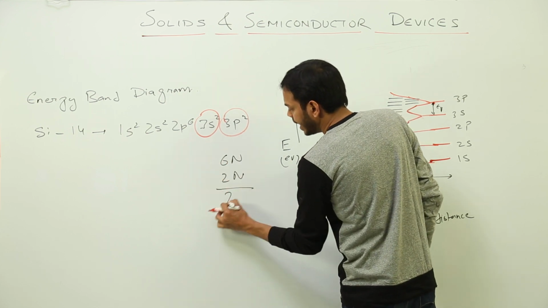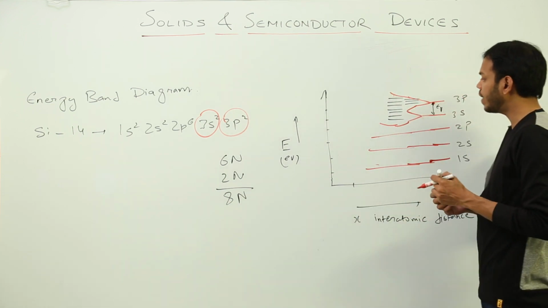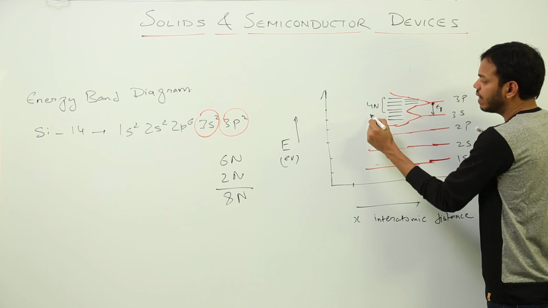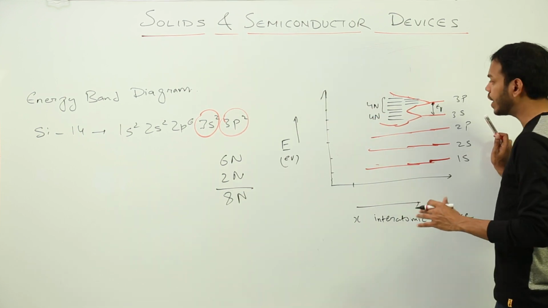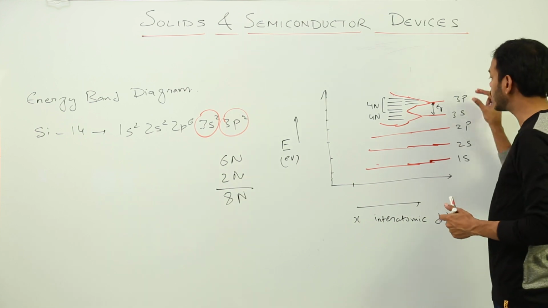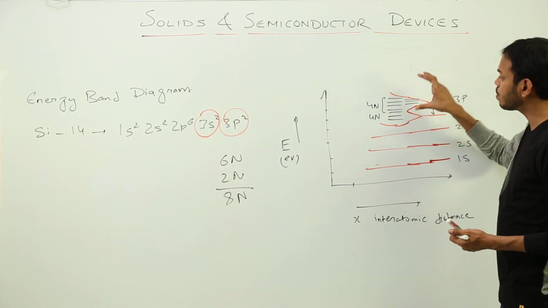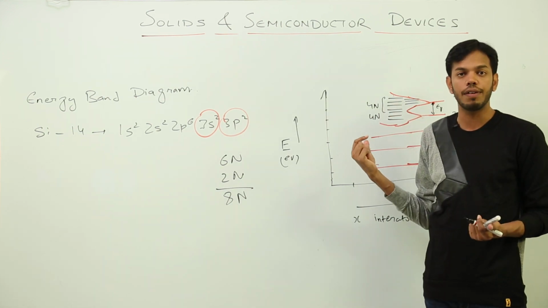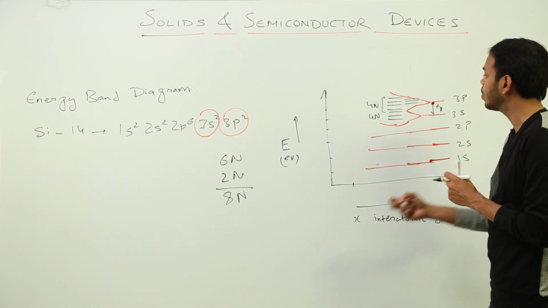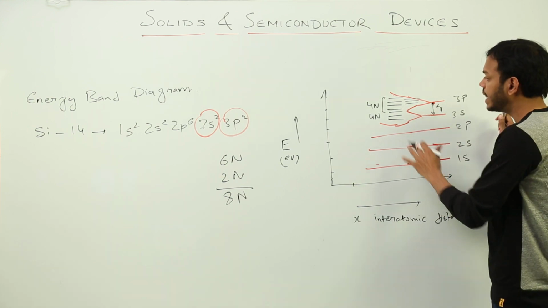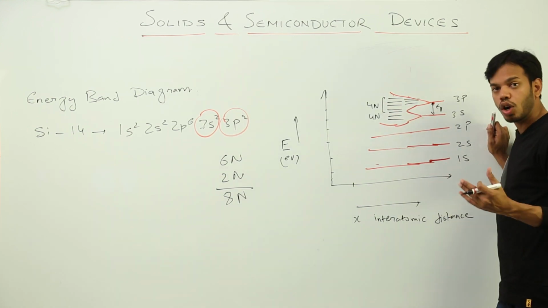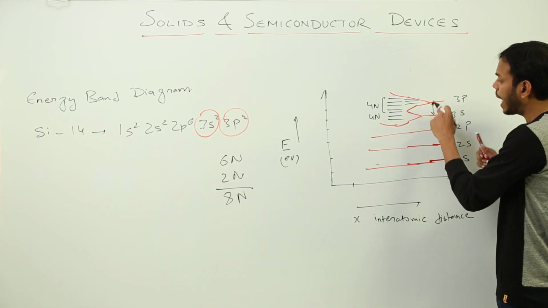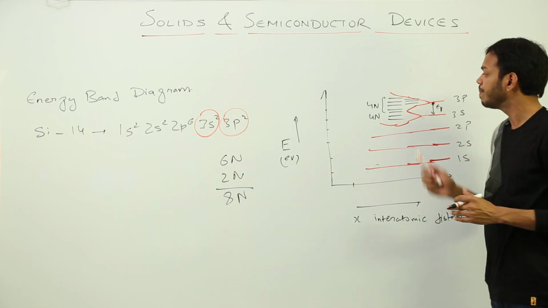So total there are 8n energy levels. But out of 8n, right now what we are seeing is there are 4n filled energy levels and 4n empty energy levels. So we cannot differentiate between which electron belongs to 3s or 3p. All we can say is in this broad energy level, there are 4n filled levels and 4n empty levels. And this happened because the electrons got excited, they are vibrating with different levels of energy, and that is why the energy gap between these two shells completely vanished.